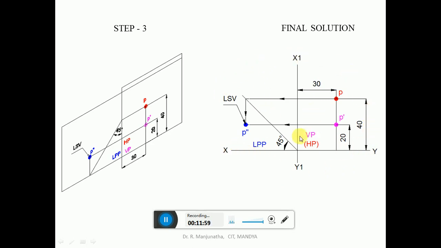Draw all the lines, which are X1Y1, XY, and all the projector lines including the 45-degree lines, as thin lines, and mark the points P dash, P and P double dash with slightly darker points, which should be visible. Thank you.